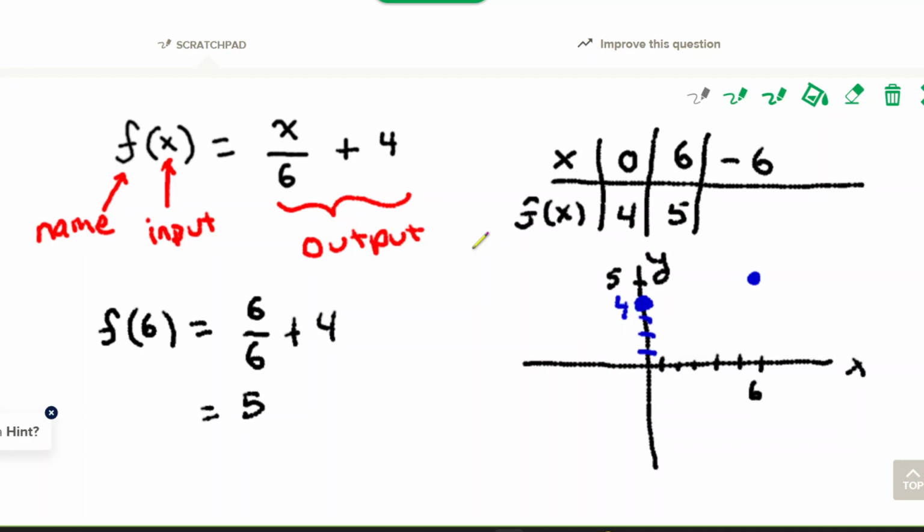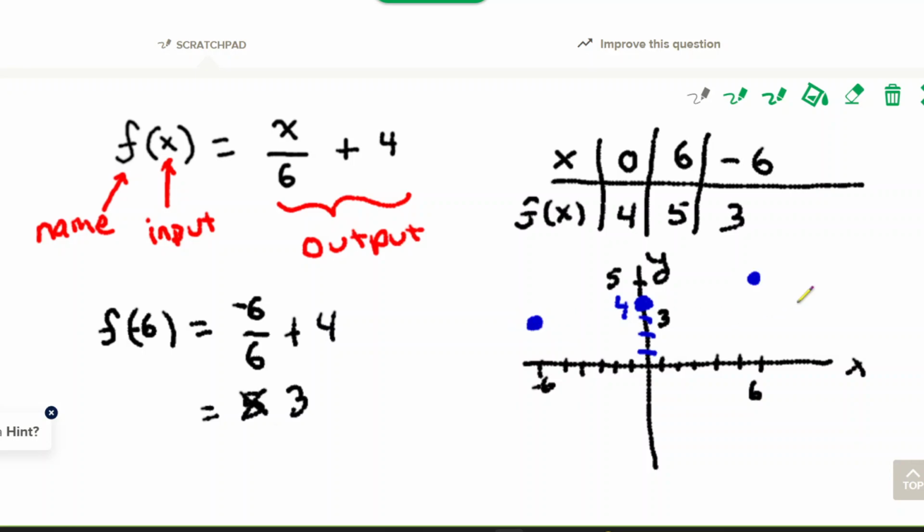And then f of -6 would be -6 divided by 6 plus 4, which would be 3. -1 plus 4 is 3. So on the x-axis, I go to -6 on the x, 3 on the y, and that would be this point here on the coordinate plane. There it is, -6, 3.